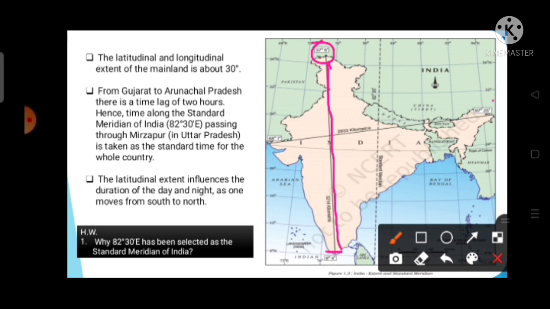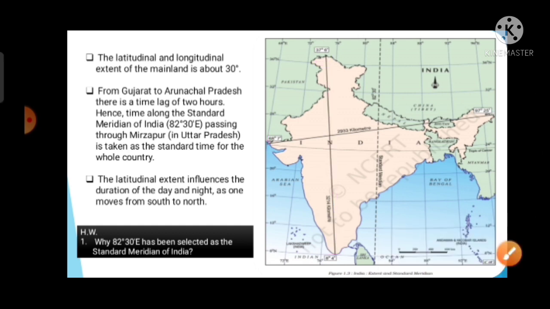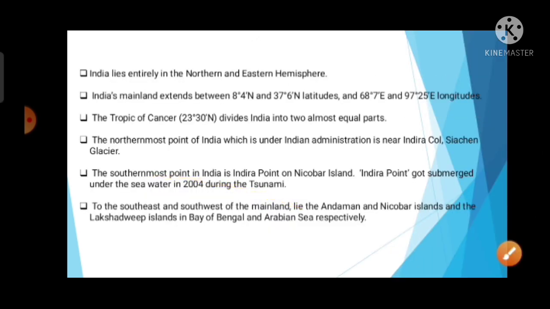Again, this is the easternmost longitude, that is 97 degree 25 minute east longitude, and this is the westernmost longitude of India, that is 68 degree 7 minute east longitude. So you have to remember the latitudinal as well as longitudinal extension of India.